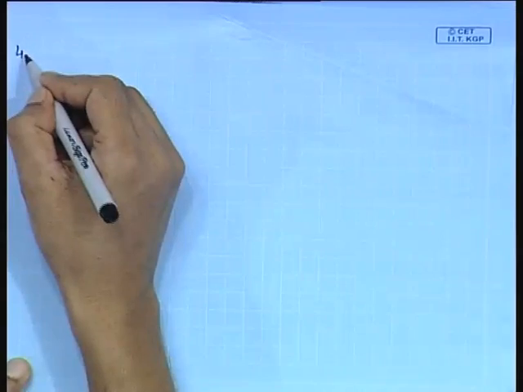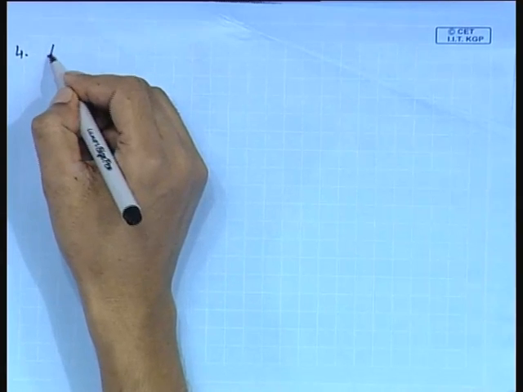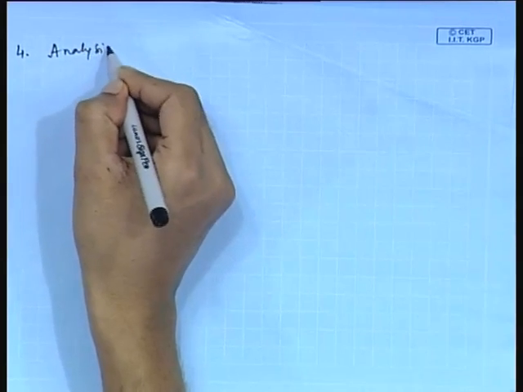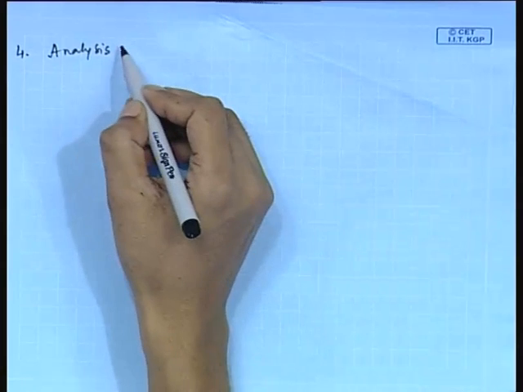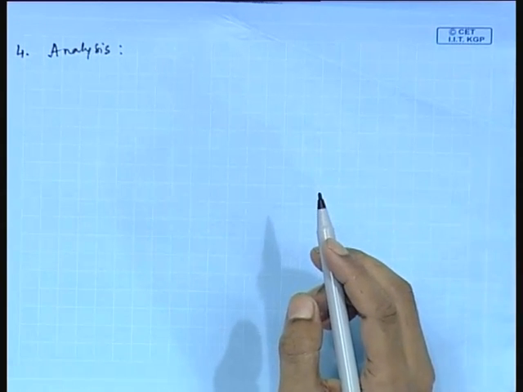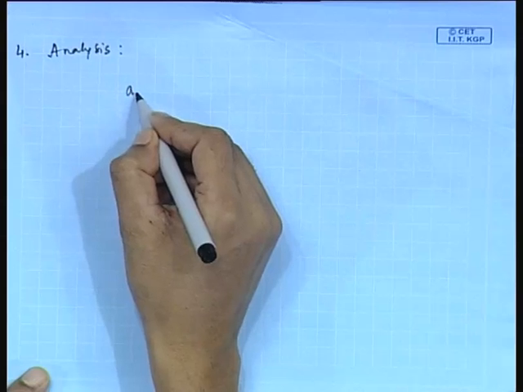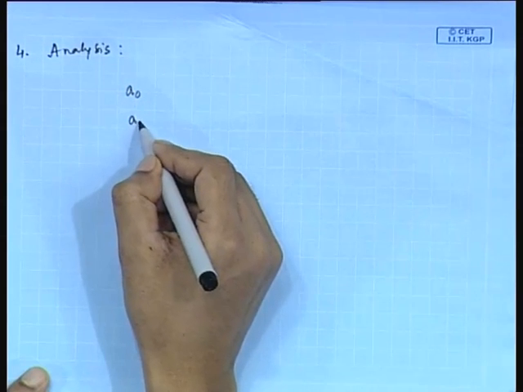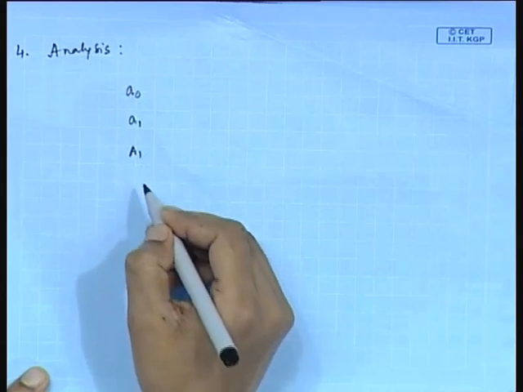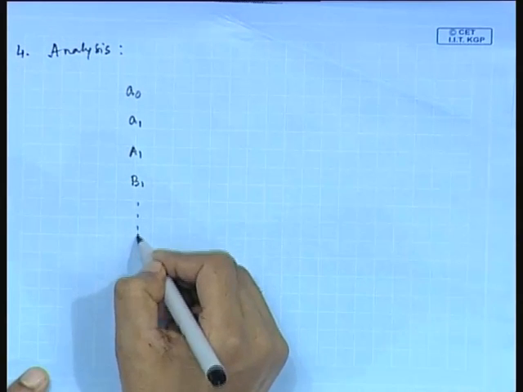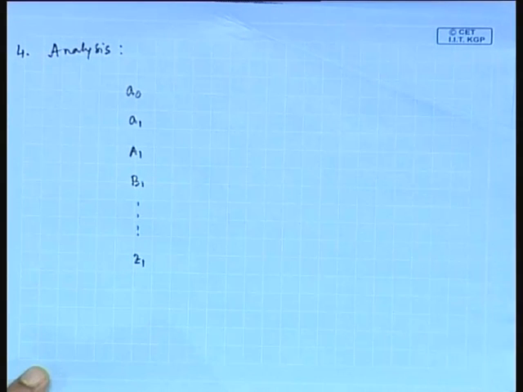Next, we will analyze the stability in the fourth point. In the fourth point, we will discuss the analysis of this Routh array. So, what are the elements? Elements are A0, A1, capital A1, capital B1, last element is Z1. These are the elements in the first column.